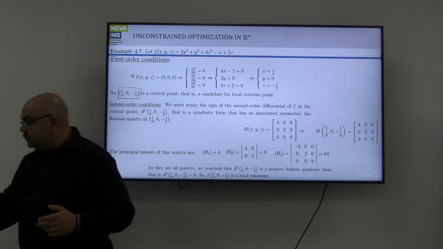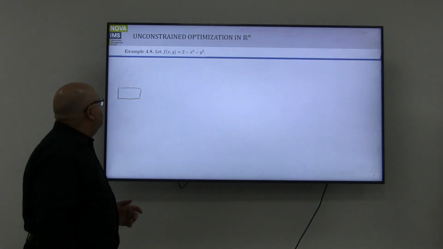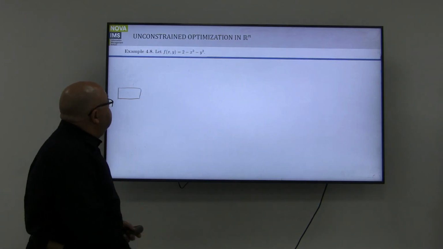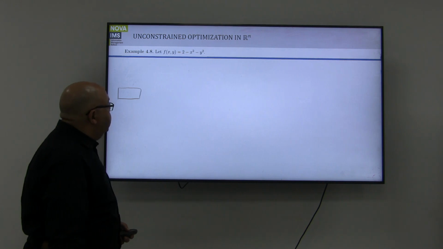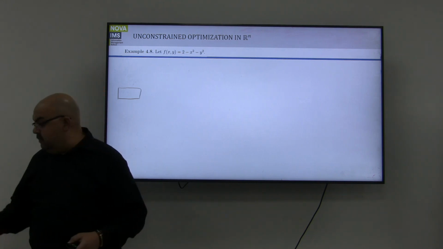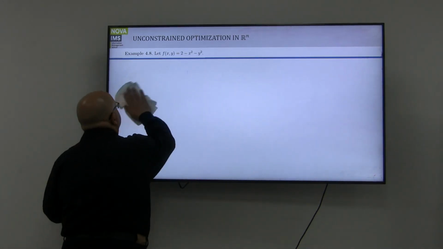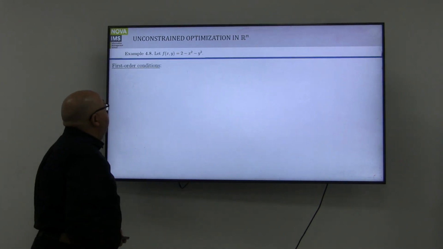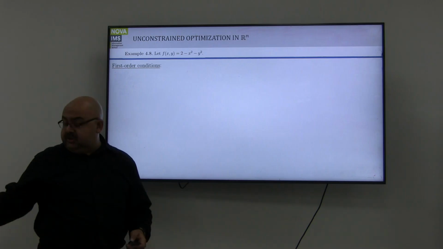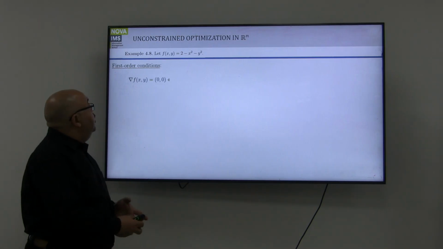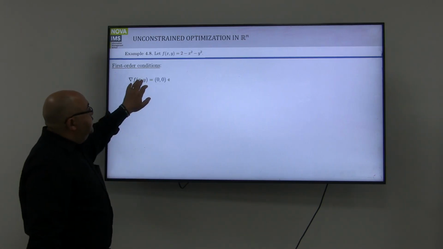And so on. The coming problem is 2 minus x squared minus y squared. I believe that's an equation of some type of paraboloid. Once more, all I have to do is set my first derivative equal to 0, which means I will get the gradient vector.